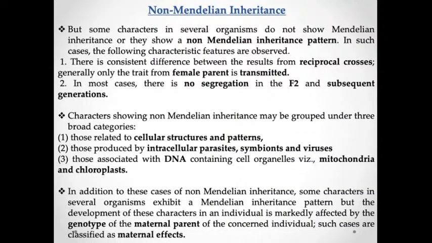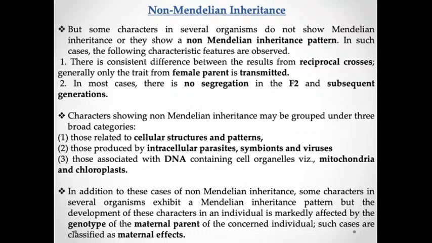But there are some organisms which do not show Mendelian inheritance; they show a non-Mendelian inheritance pattern. What was observed in those cases? There was a consistent difference between the results of reciprocal crosses.